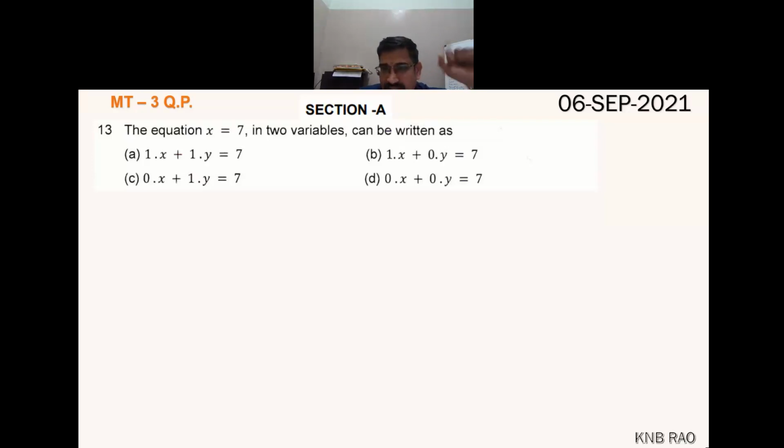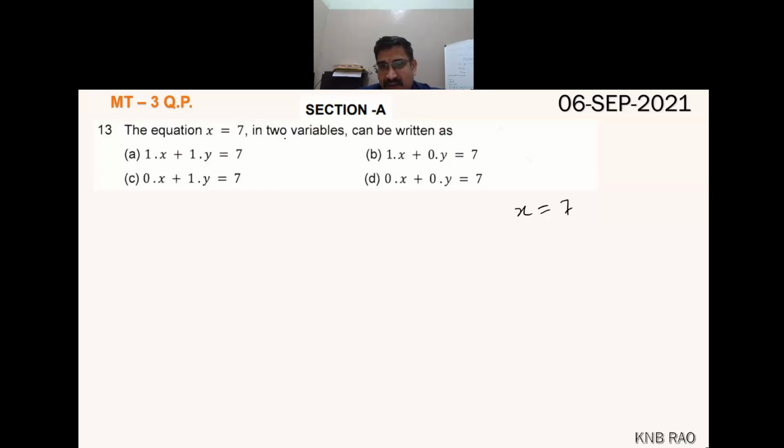The equation x equals 7 is a linear equation in one variable only. Here x equals 7 is a linear equation in one variable, but you are asked to write it as a linear equation in two variables.